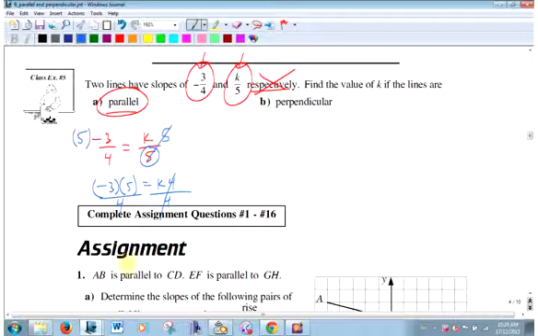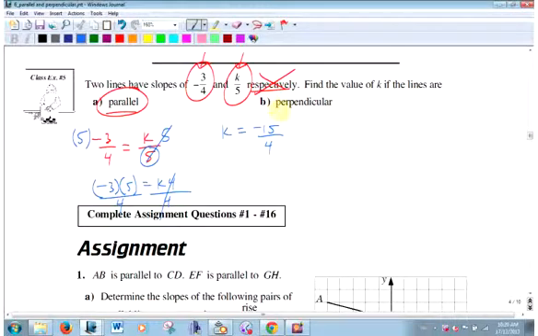How do I get rid of 5? Just multiply both sides by 5. But lots of people like cross multiplying. So k is negative 3 times 5 over 4. Can I reduce it? No. That's what k is, if these two lines are parallel. It's ugly, it's a fraction, but that's what it is.